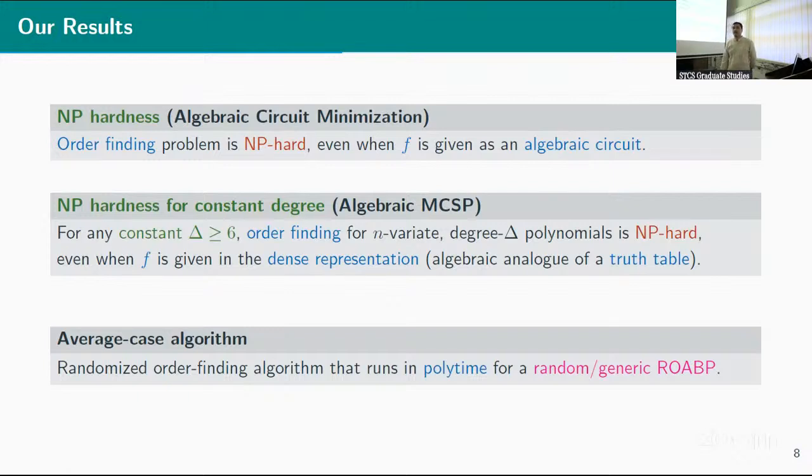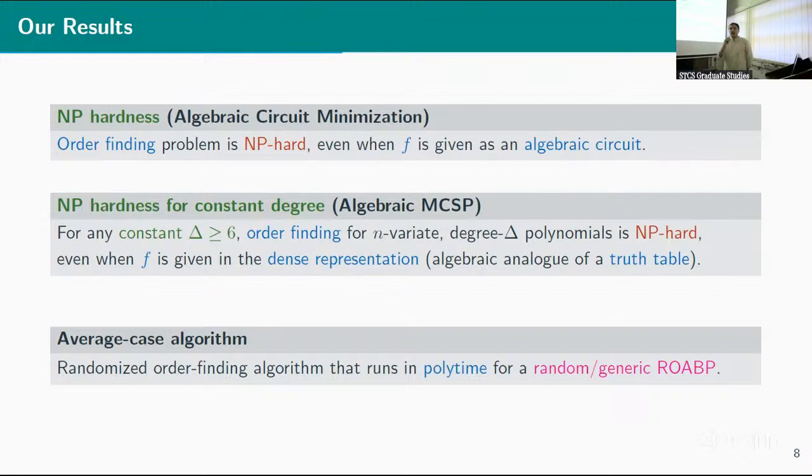Is something known for gap questions? Here you're asking whether there is a width W ROABP or not. But is it interesting to ask whether it is less than width W or requires width more than, say, 10W? Property testing, yeah.